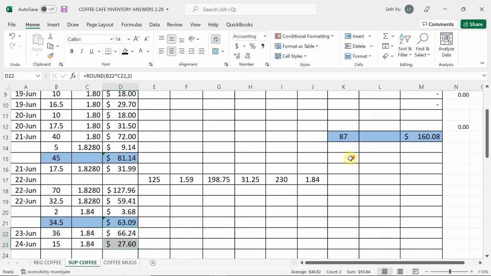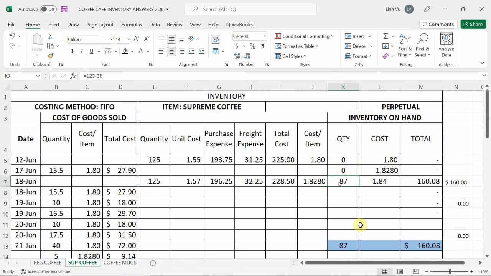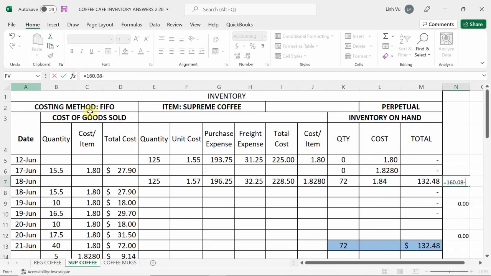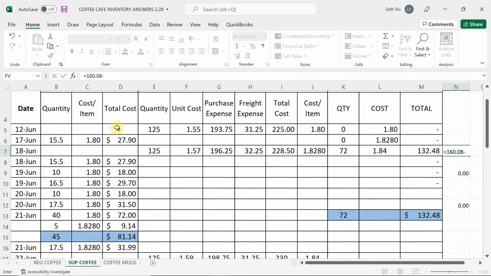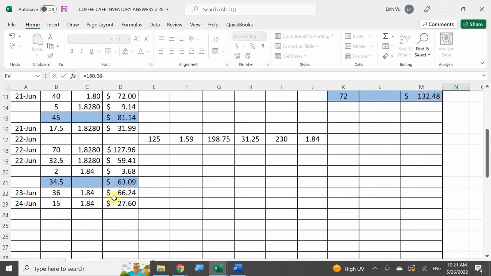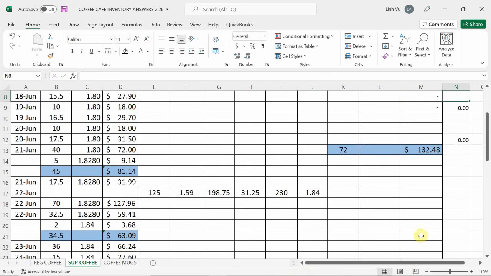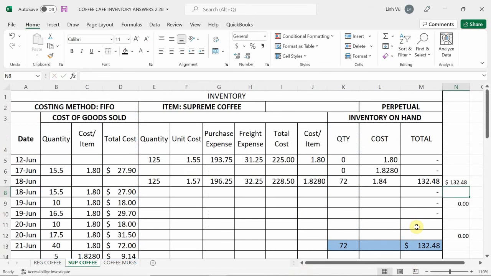Good. So let's see, 87 minus 15 should leave you with 72 pounds. Okay. 160.08 minus 27.60 gave me a total of 132.48. Okay, so that's good.